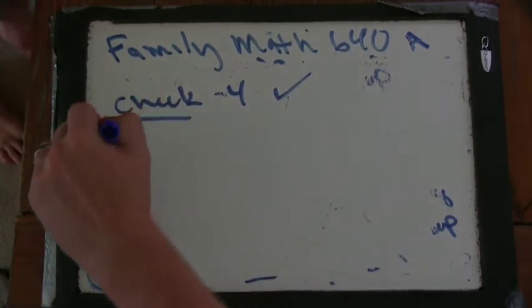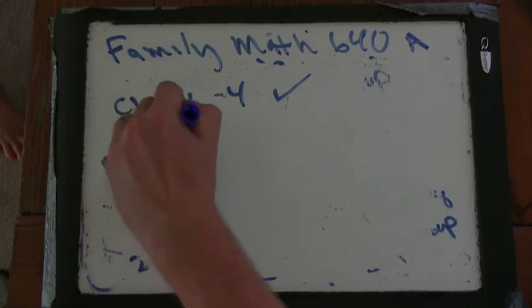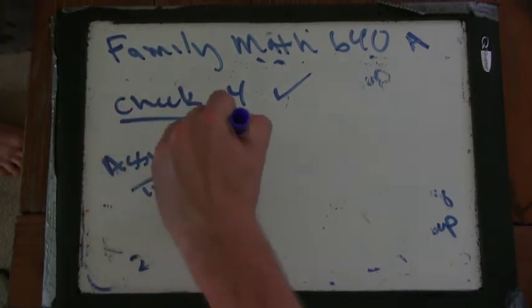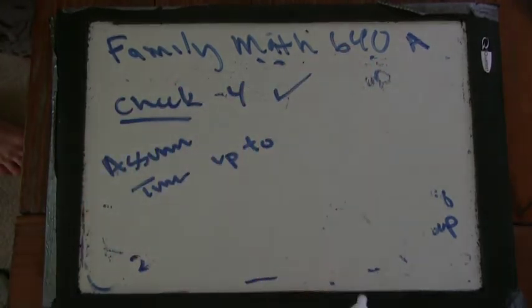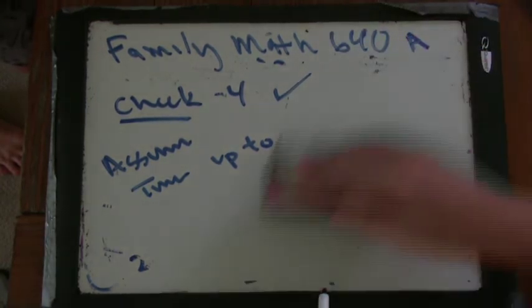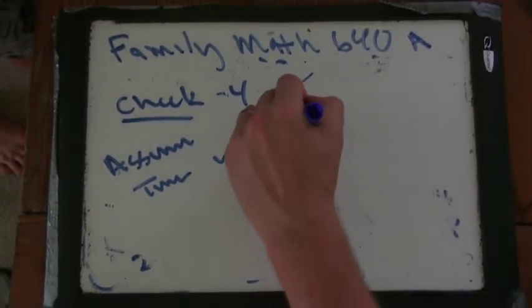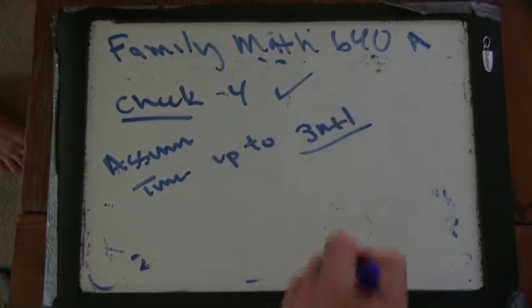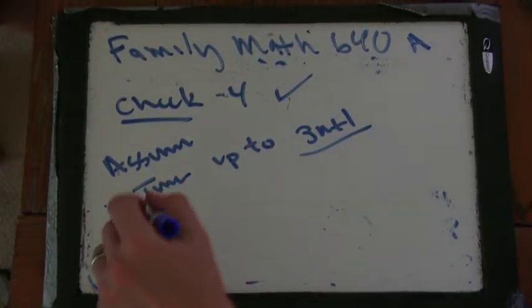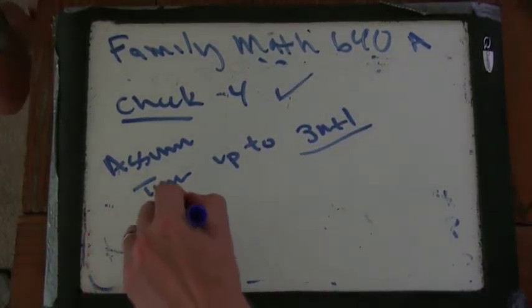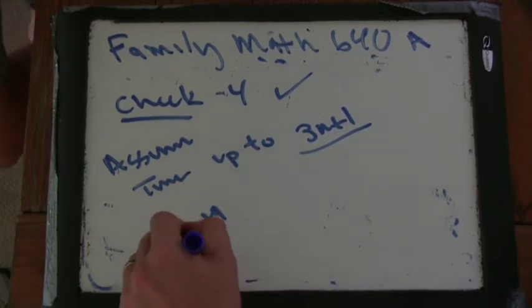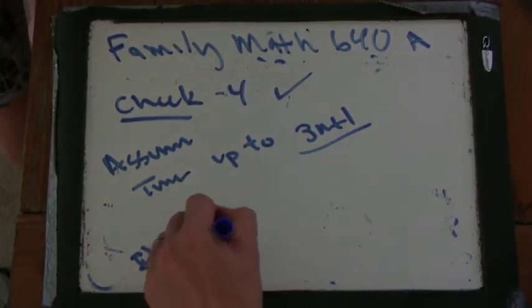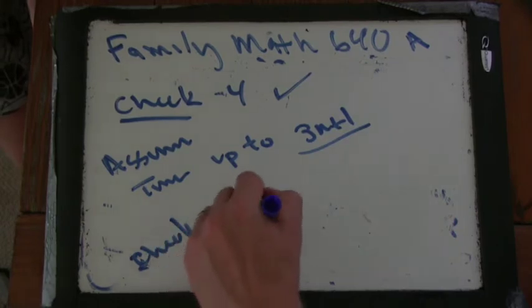Assume it's true up to some number, 3n plus 1. Now we have to check 3n plus 1 plus 3.